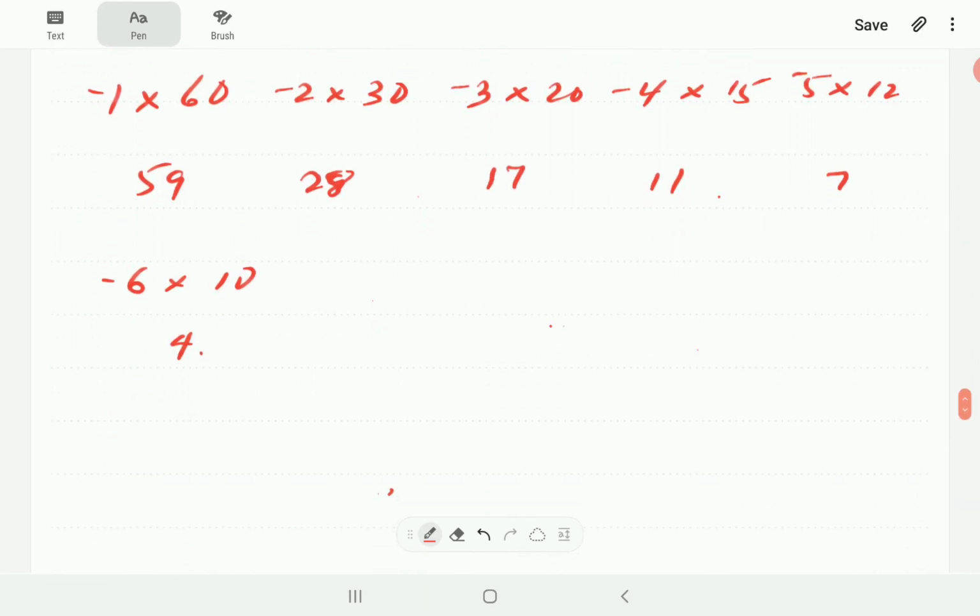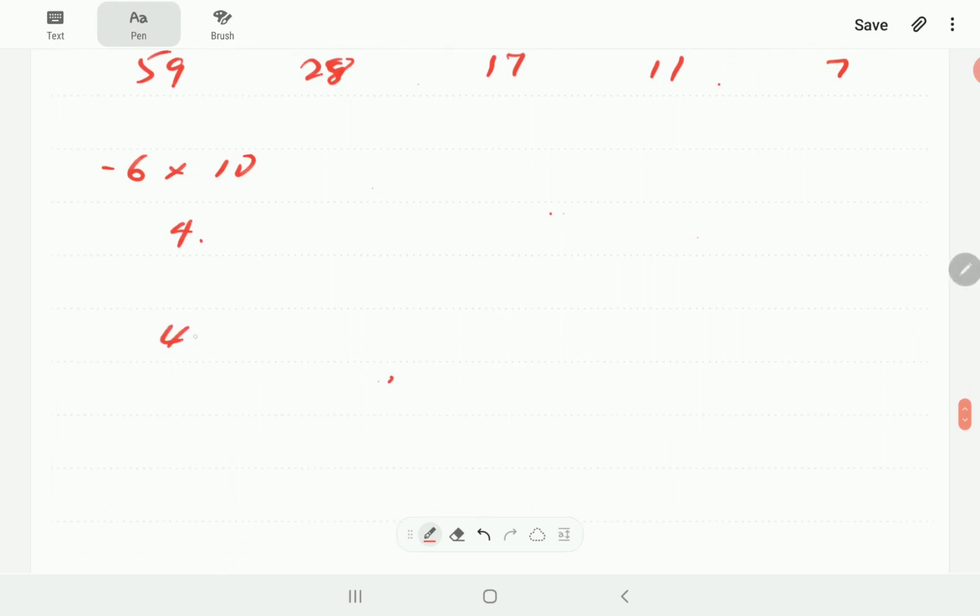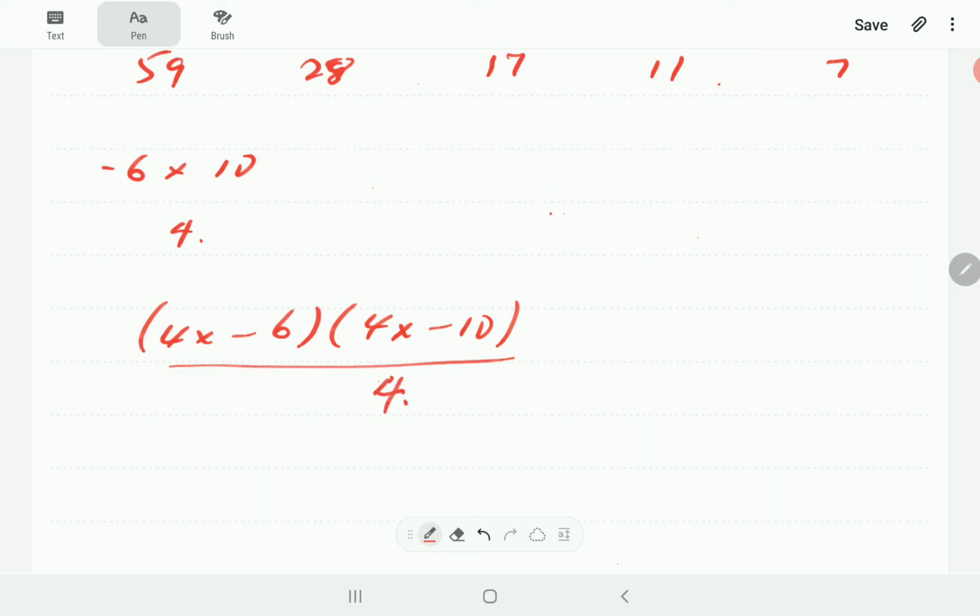So A is 4. So we're going to have 4x minus 6 into 4x plus 10 all divided by 4. 2 is common here, so we're going to factor out 2. Sorry, this is plus 10 here.